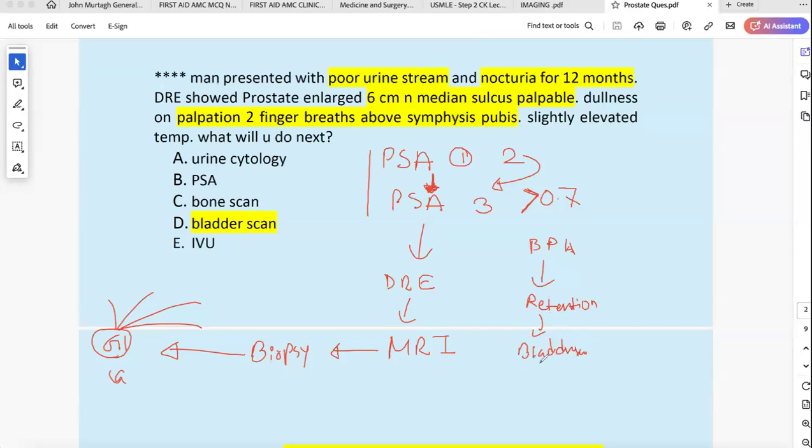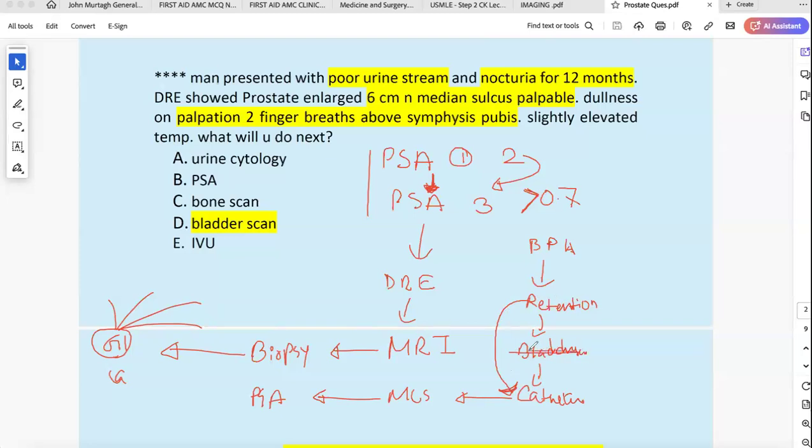Bladder scan confirming retention, you can put a catheter, then send the urine for urine microscopy and culture, okay, and then do a PSA. Now, someone who has got retention, they have already inserted a catheter.